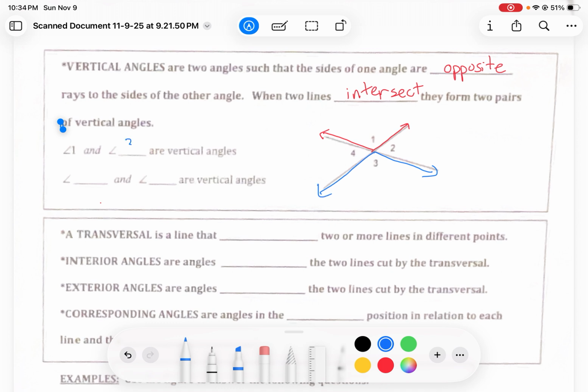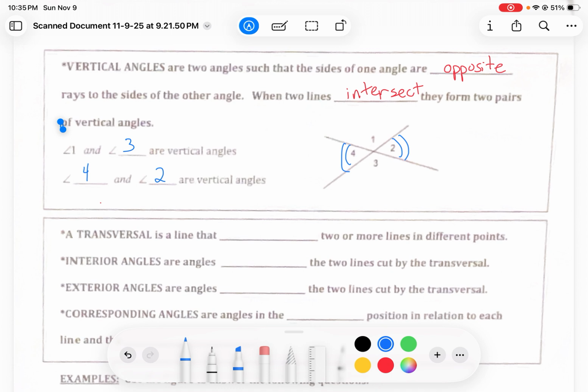Those are vertical angles because if you look at one of the red lines and one of the blue lines, they form opposite rays that point in opposite directions. So 1 and 3 are vertical angles. Another pair of vertical angles are angle 4 and angle 2.